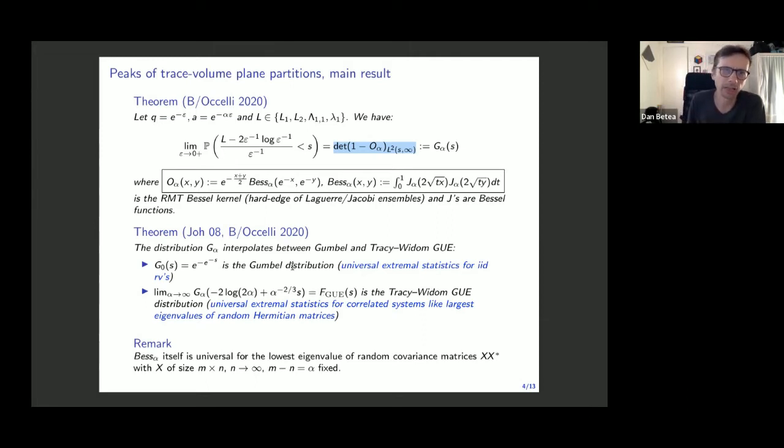If you look at alpha goes to 0, G of 0 is the Gumbel distribution, which also turns out to be universal if you look at the maximum extremal statistics of IID random variables.